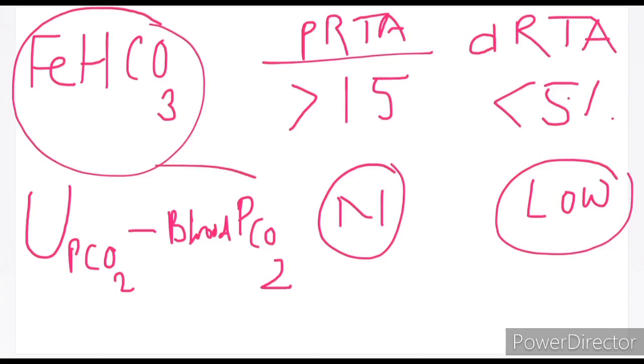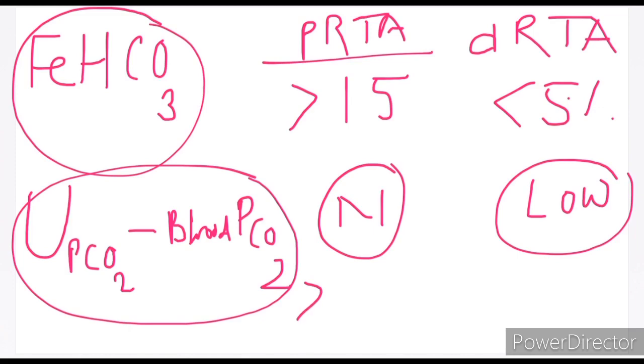Normally this value is more than 25 mm of Hg. In distal RTA it is less than 10 mm.